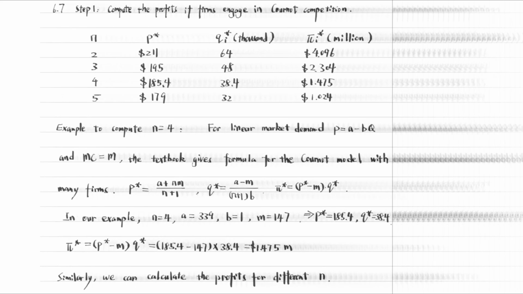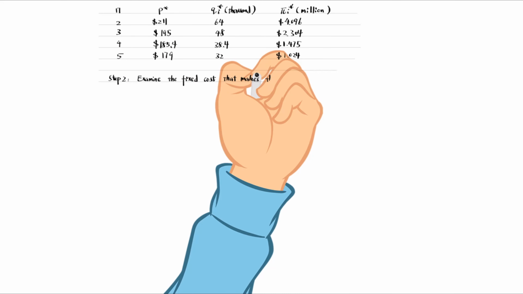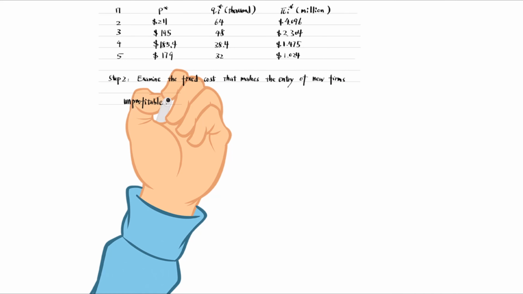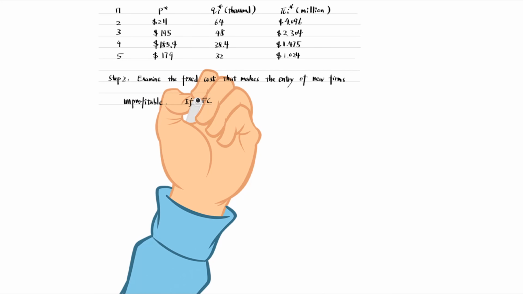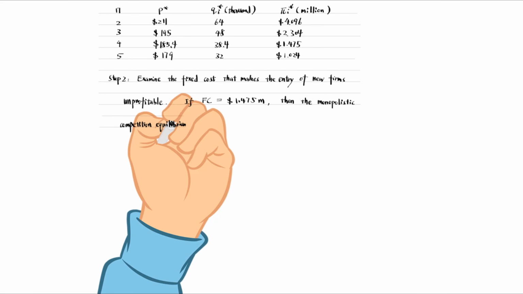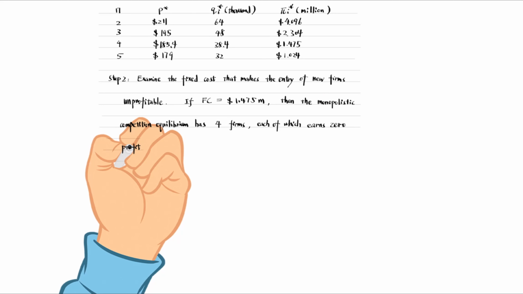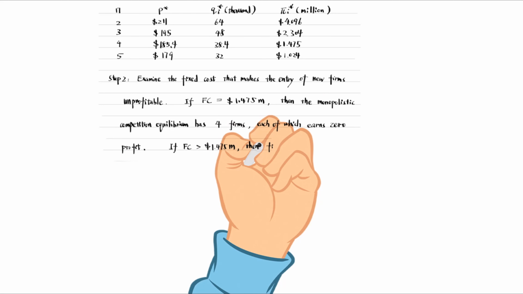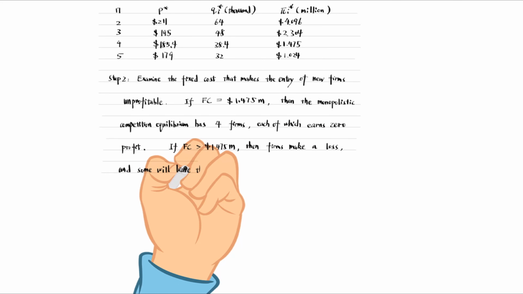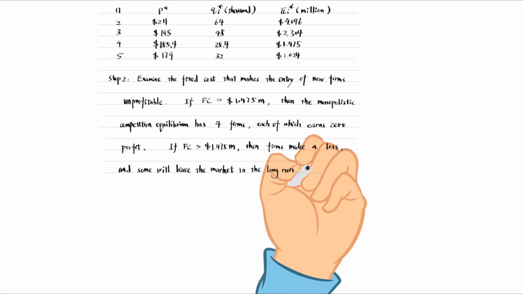In the second step, we explore the range of the fixed costs that results in 4 firms in the monopolistic competition equilibrium. If the fixed cost equals $1.475 million, then the equilibrium has 4 firms, each of which earns 0 profit. If the fixed cost is greater than $1.475 million, then firms make a loss, and some will leave the market in the long run. The number of firms will drop to 3.